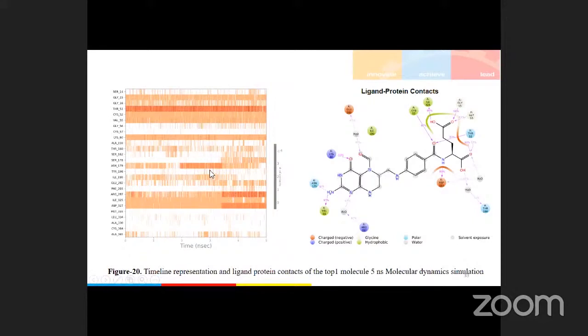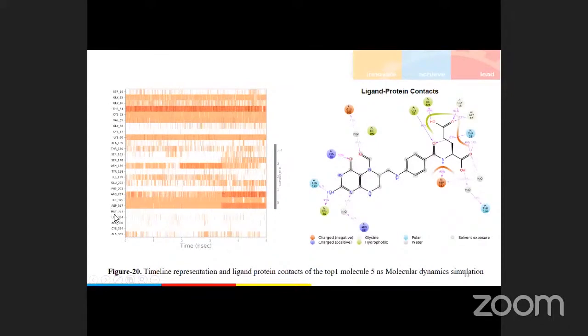This indicates that the ASN 179 amino acid residue is involved in tight interaction between 2 to 3.5 nanoseconds only, and before and after that it is not involved. Likewise, these two dark lines indicate that arginine 287 as well as ASP 327 are mainly involved in tight interaction between 3.5 to 5 nanoseconds.